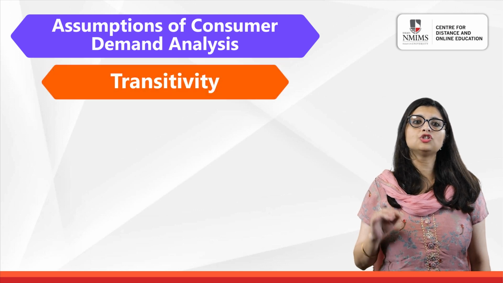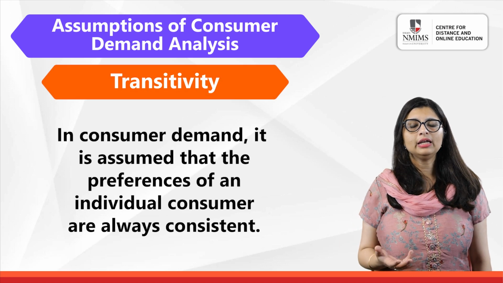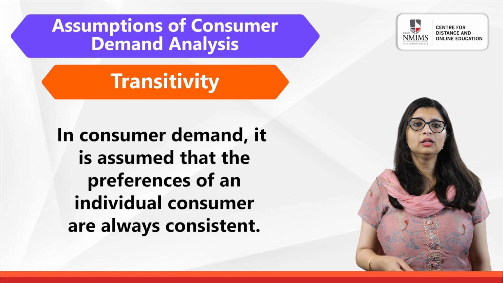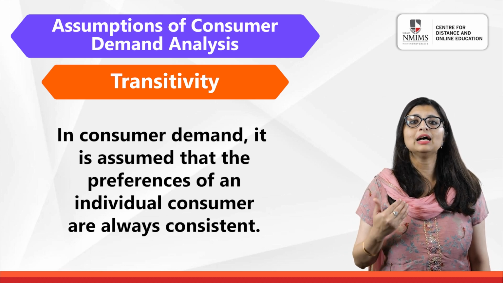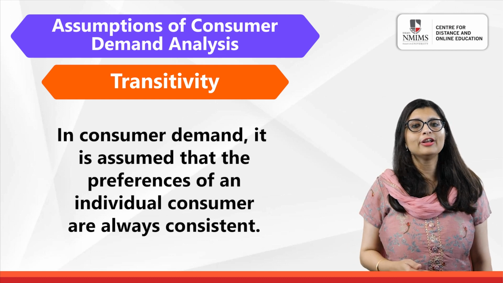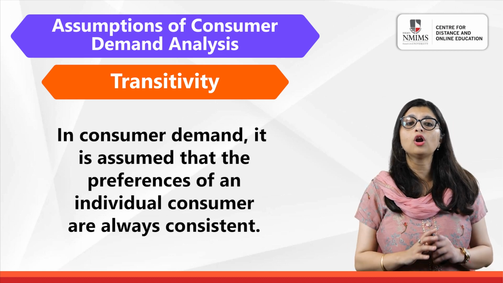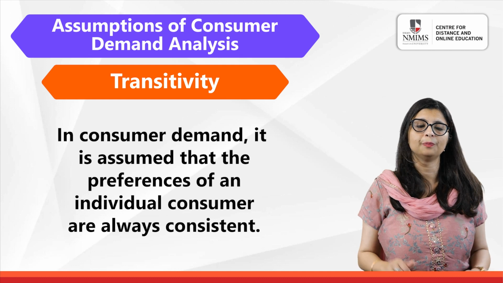The second one is transitivity. It is like an analogy here, wherein in consumer demand it is assumed that the preferences of an individual consumer are always consistent in nature.